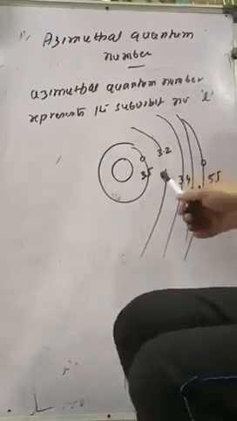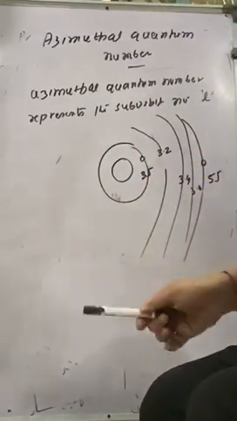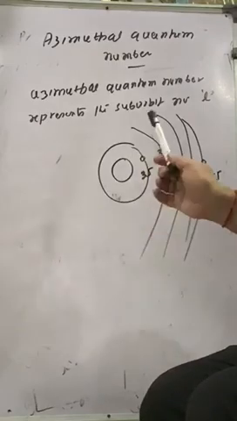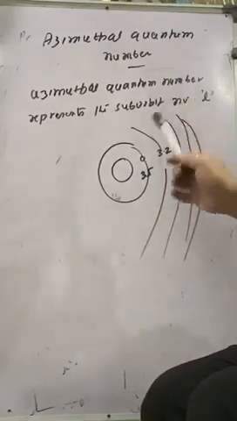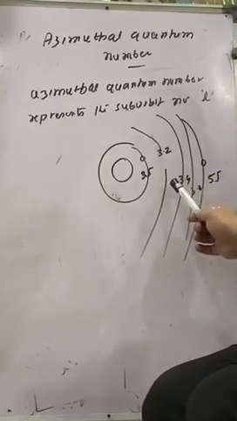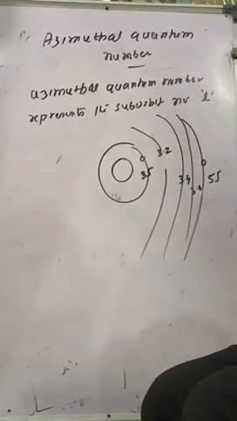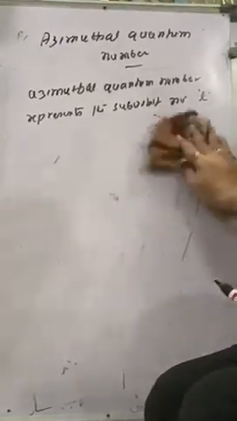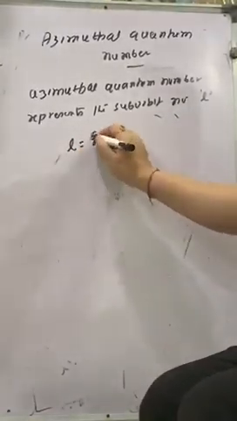That means the electron is now not placed in the first orbit, but is moving away from the first orbit. It is towards the first orbit, or towards the second orbit, or away from the first orbit. Okay, that means the orbit is further subdivided into what? Suborbit. And suborbit is represented in the form of L. And if I take L, L will be considered to be n minus 1.